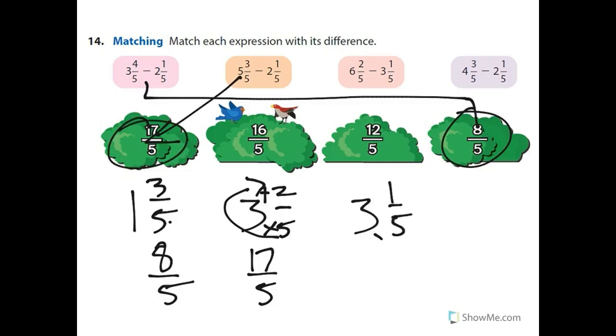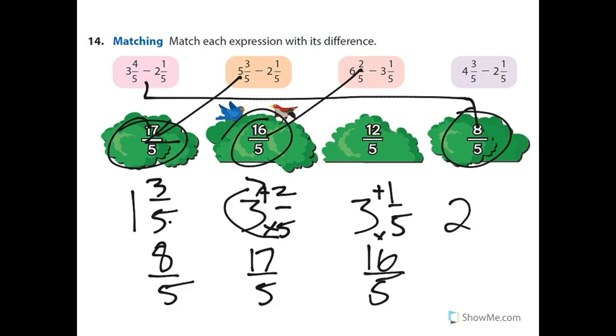So 5 times 3 plus 1. 5 times 3 is 15. 15 plus 1 is 16/5. There we go. And then 4 minus 2 is 2. 3 minus 1 is 2. 5 times 2 plus 2. 5 times 2 is 10. Plus 2 is 12/5.